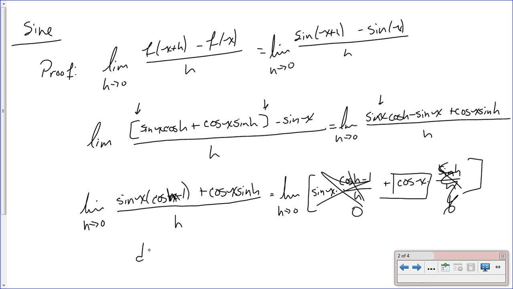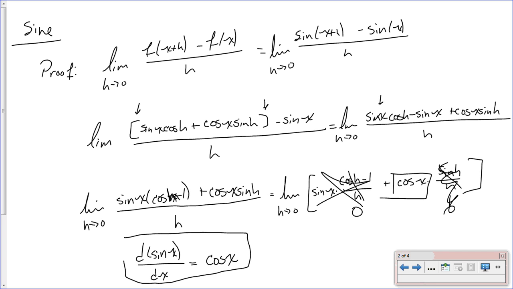So the derivative of the sine of x dx equals cosine of x. Alright. So that's the long drawn out proof way. All you have to remember is the derivative of sine is cosine. That's all you have to remember.